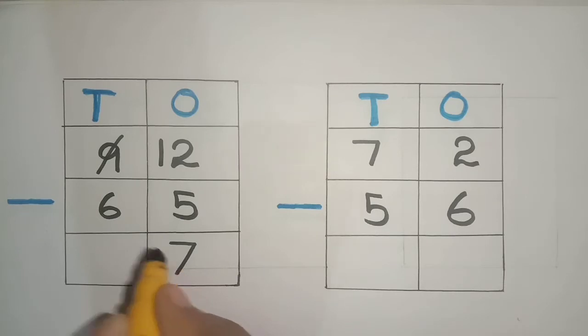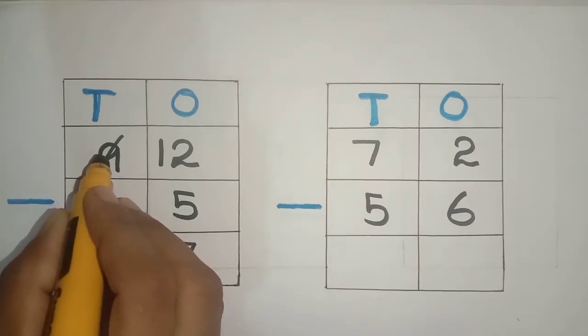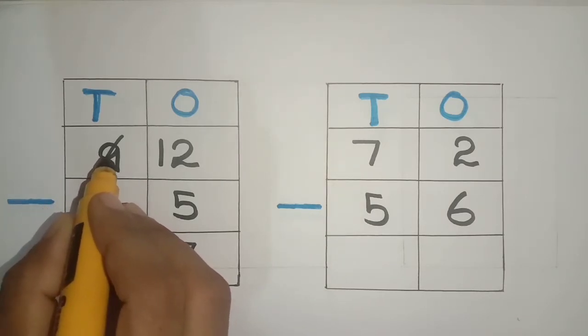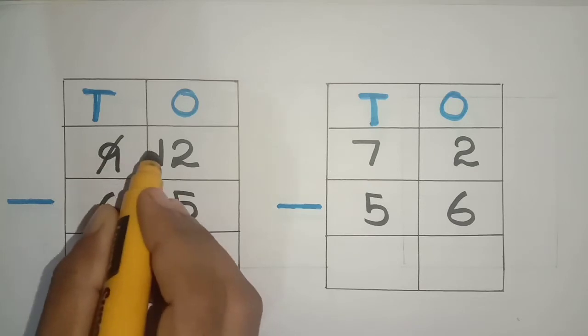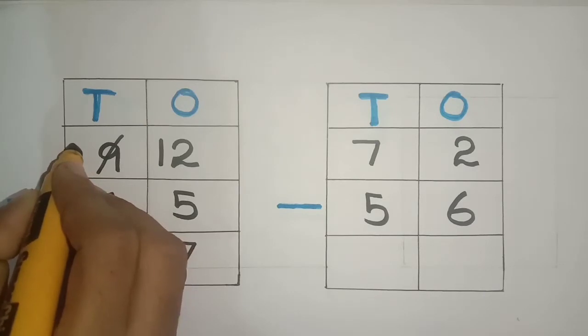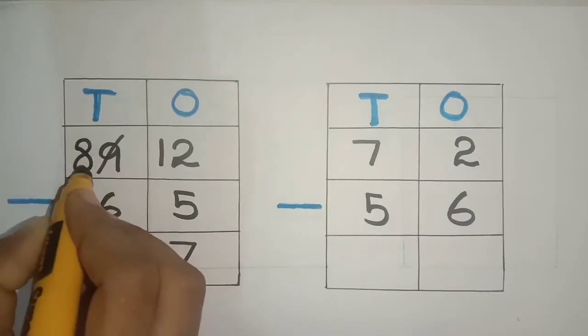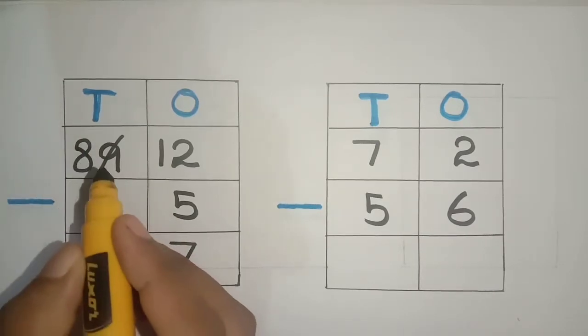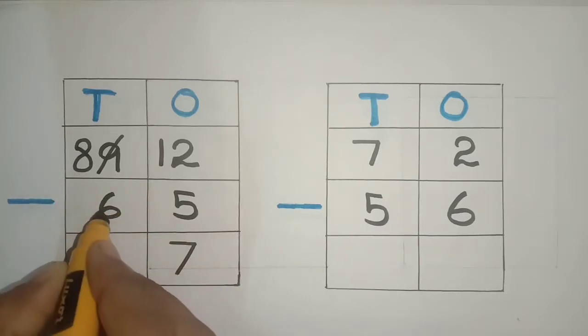Understand, children? Now listen here. Already 9 tens are here, but 1 ten we already took, so the remaining is 8. 8 tens only here, because 1 was already taken. So 8 minus 6.